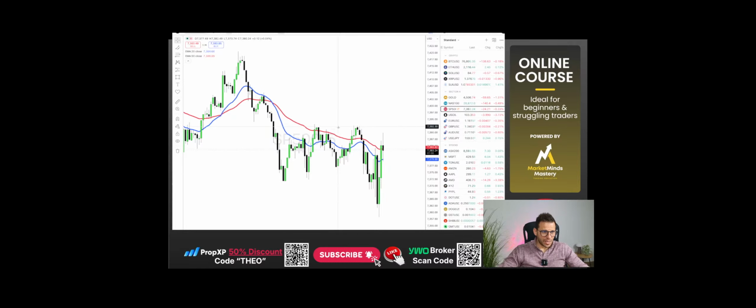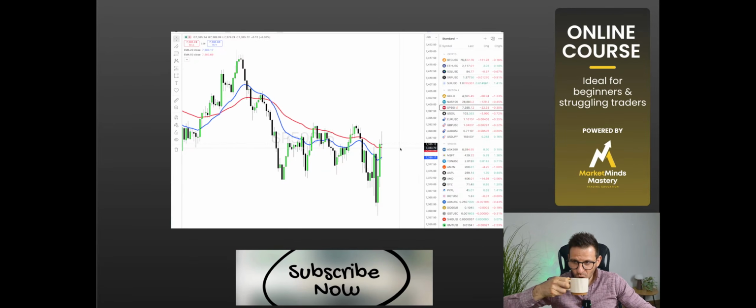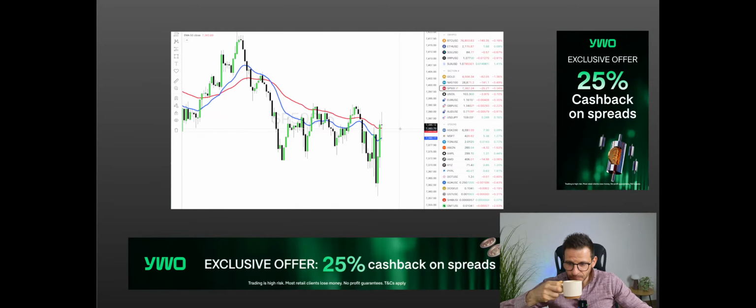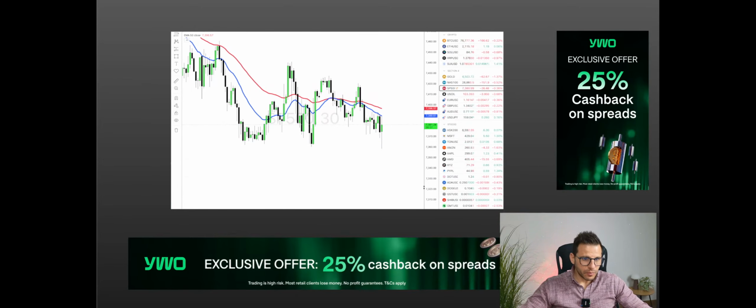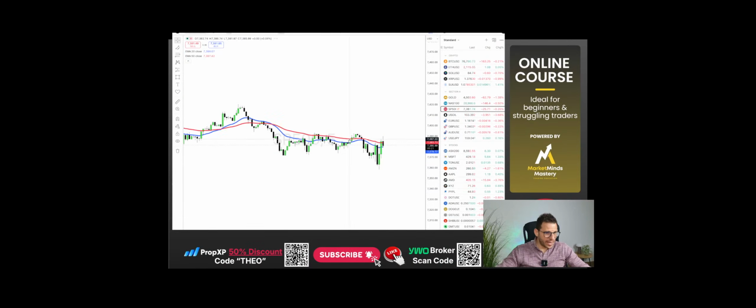The price now is trying to reject the 50. If we can reject the 50, higher time frame is a bit sideways with bearish implications.